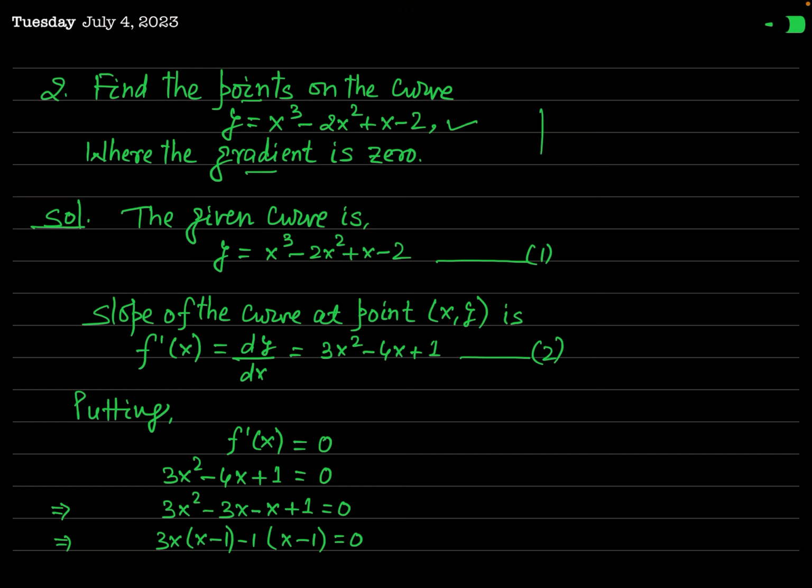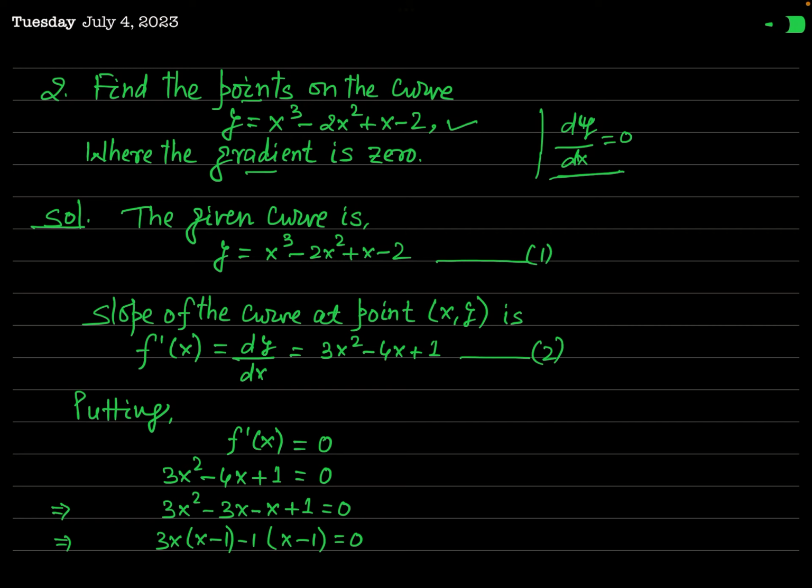See, in this problem, the given condition is that dy by dx is equal to 0. Gradient means slope, and that is equal to dy by dx. So in this problem, you are given that dy by dx is equal to 0. And you have to find what are those points on this curve where the slope or gradient will be 0.